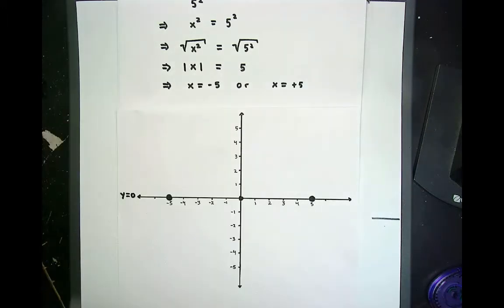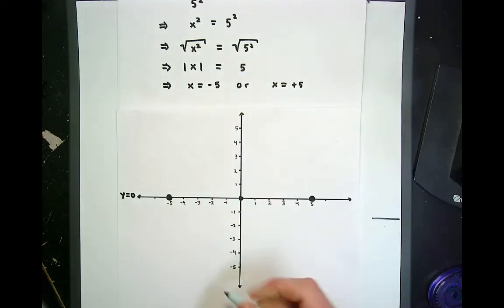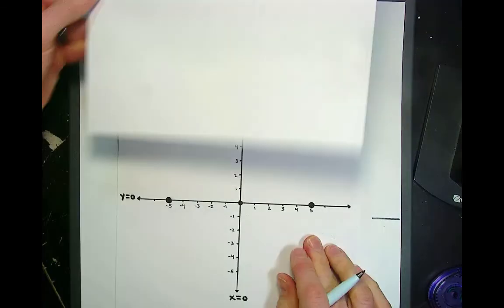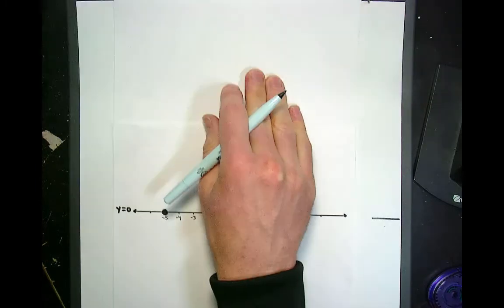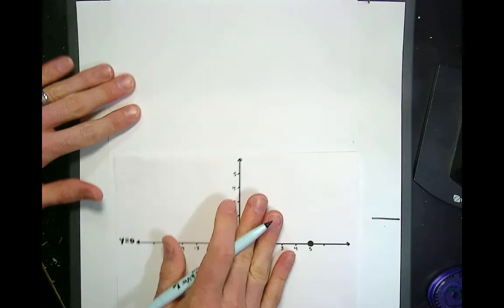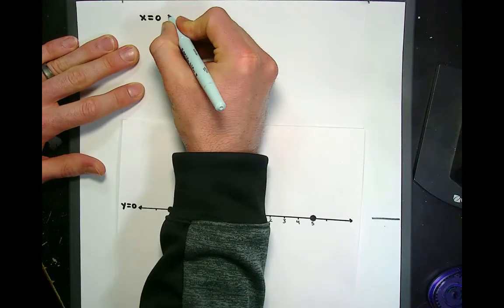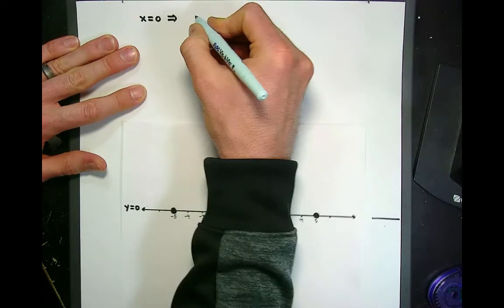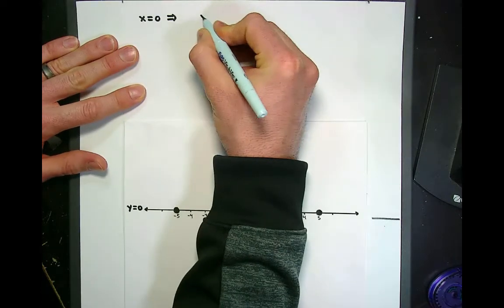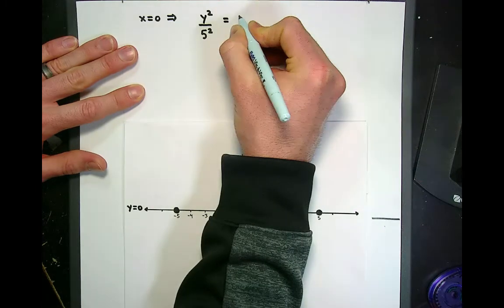Let's try again. Instead of starting at the y equals 0 line, let's start at the x equals 0 line, which is the vertical line through the origin, or through the center. Let's repeat that process algebraically. If we assume x equal to 0, in our original equation x squared over 5 squared becomes 0, and then we have y squared over 5 squared, which we set equal to 1.